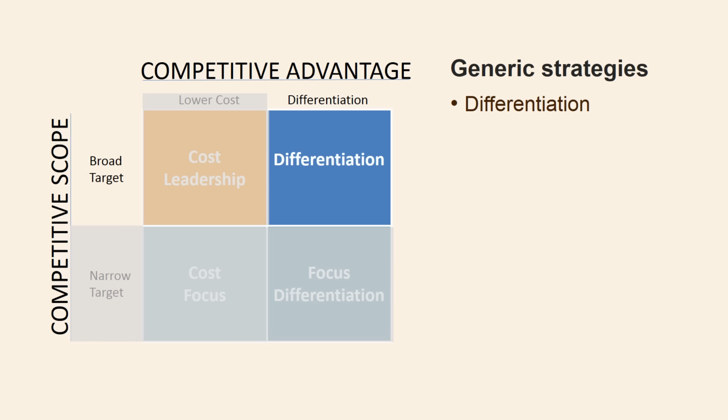The next field is differentiation. The firm offers something unique compared to other firms in the industry. The firm is trying to find aspects of the product that customers appreciate. It may be the product itself.